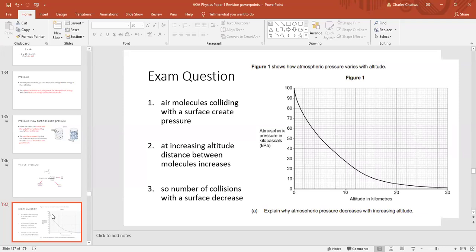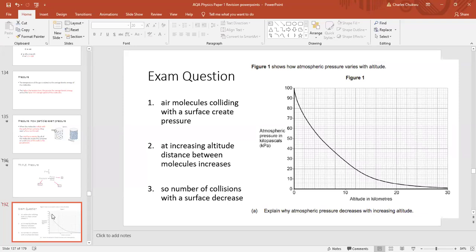Air molecules colliding with a surface create pressure. At increasing altitude, the distance between the molecules increases. So I think that's the reason why the atmospheric pressure decreases with increasing altitude.